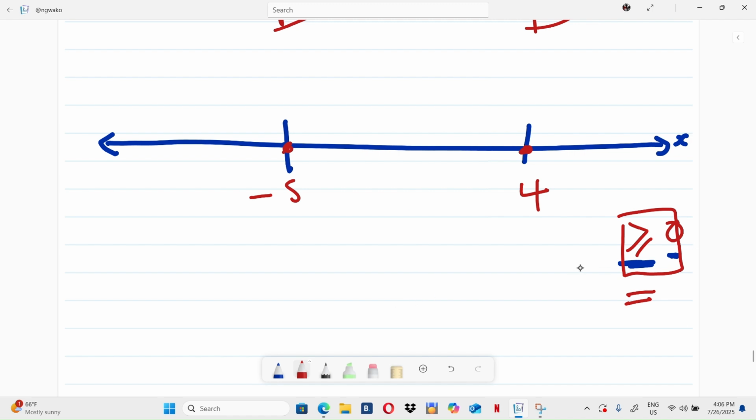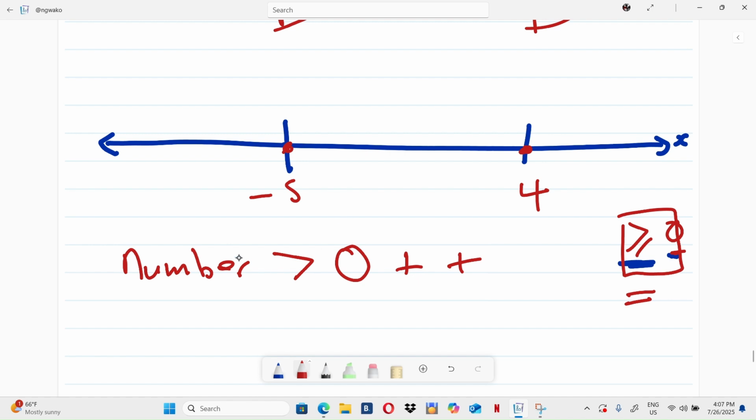So you're looking for greater than, meaning you're looking for positive numbers that are greater than 0. Hear me out. You're not looking for negative, you're looking for positive numbers that are greater than 0.